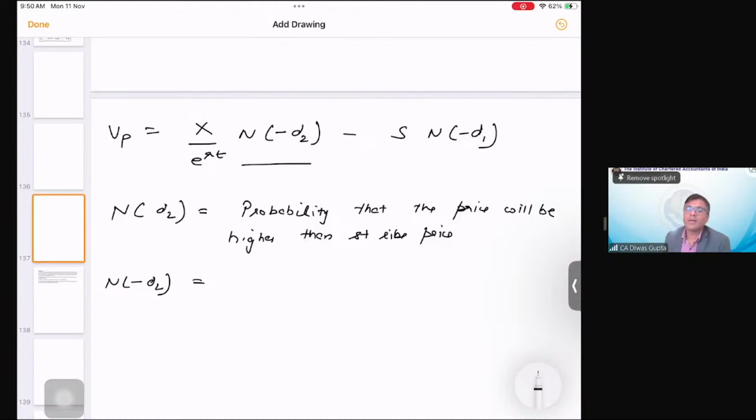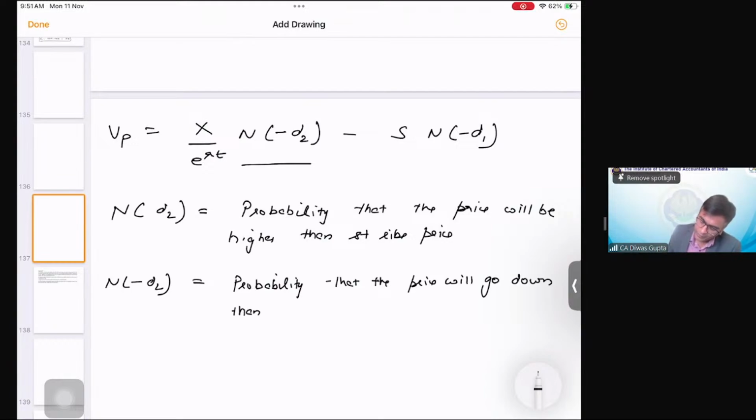Probability that the price will go down. Very good. Because we are talking about the put option, and the put option will become in the money when the price goes down below the strike price. Hence, we are using here the probability that the price will go down than the strike price.